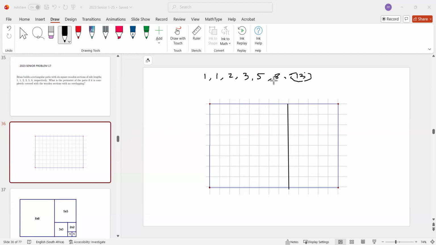And then you go to make a 5 by 5. From 13, I drop off 8, and I must get to 5, because 5 plus 8 is 13. From this 8 by 5, I knock off the 5, and I'll end up with 3 here. And then you draw a 3 by 3 square.